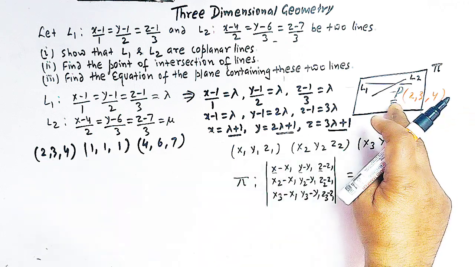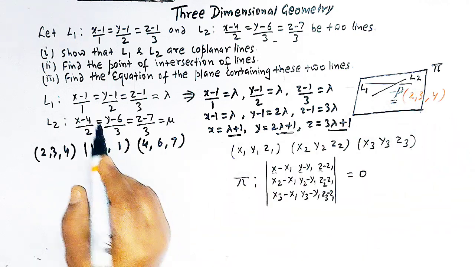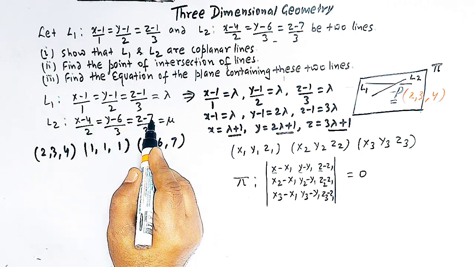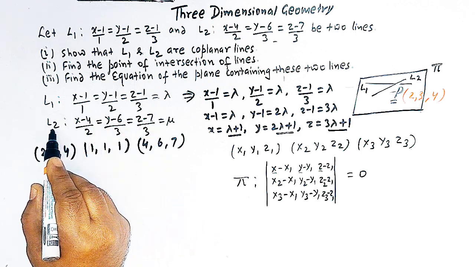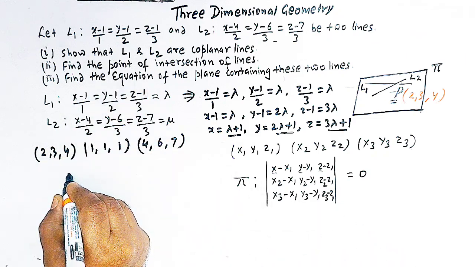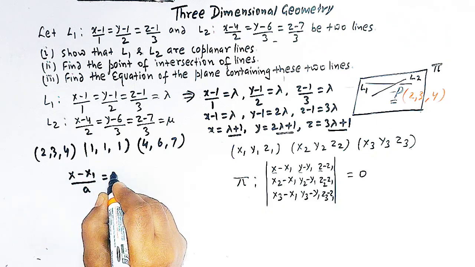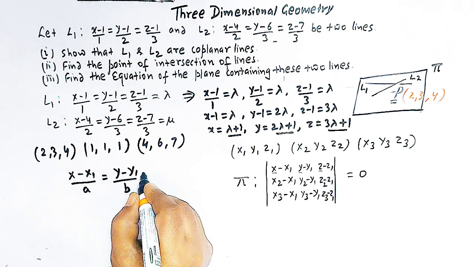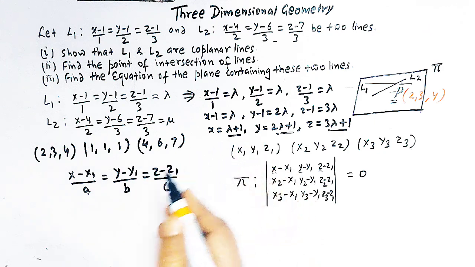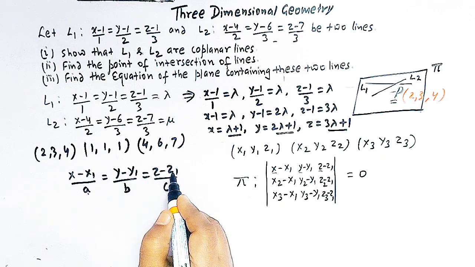This point is the point of intersection of these two lines L1 and L2. 1, 1, 1 lies on this line L1, and 4, 6, and 7 lies on the line L2, right? So here we have used this concept, that is the equation of any line is given by x minus x1 over a, y minus y1 over b, and z minus z1 over c, and a, b, c are the direction ratios of the line, and the line contains the point x1, y1, and z1.